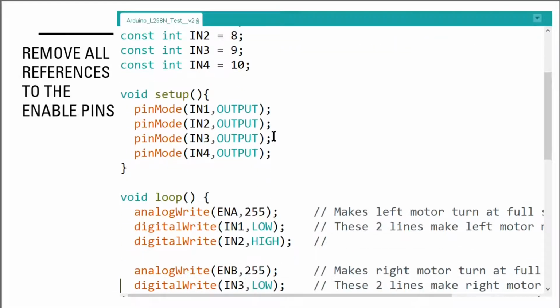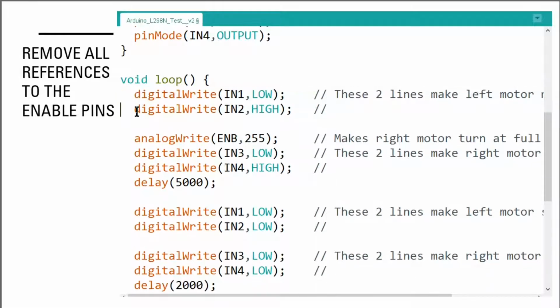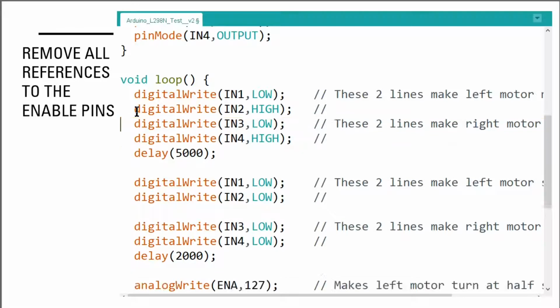Then going to our main loop, or loop function, we can see that we have references to the enable pins. Again, we are removing these because we no longer need the enable pins to control the speed.